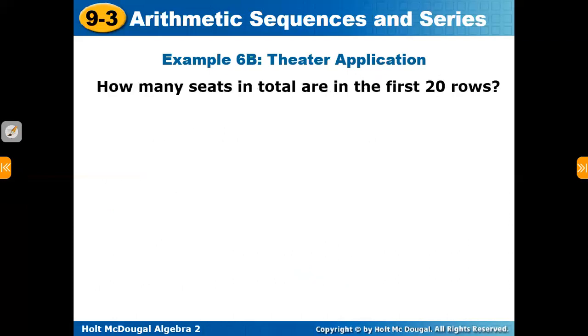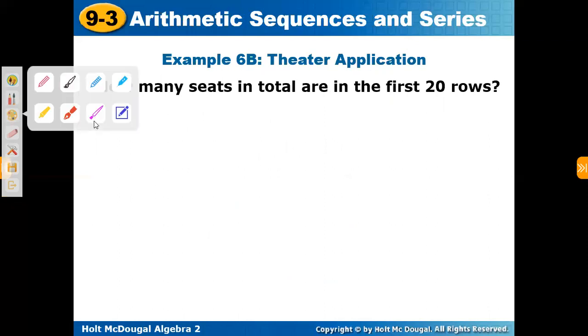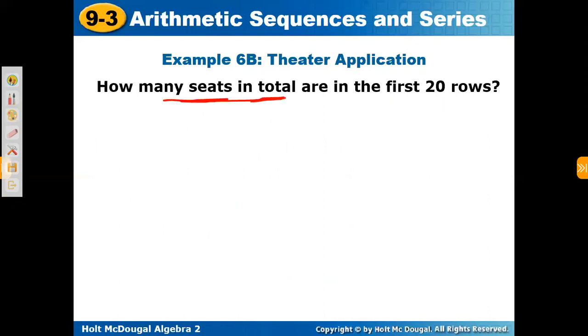Now they're asking me in the next part, how many seats in total are in the first 20 rows? First 20 rows means from a1 up till a20. And total means basically they're asking me the sum. So I have to find S20.